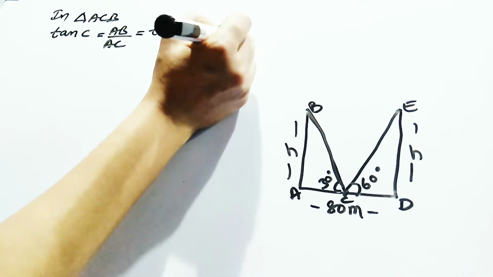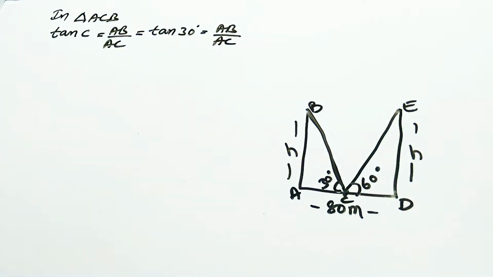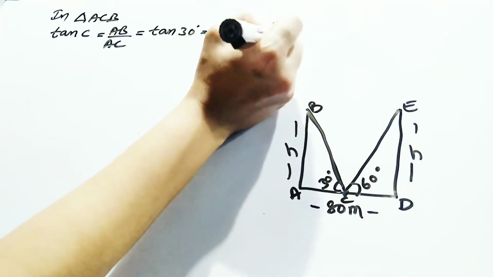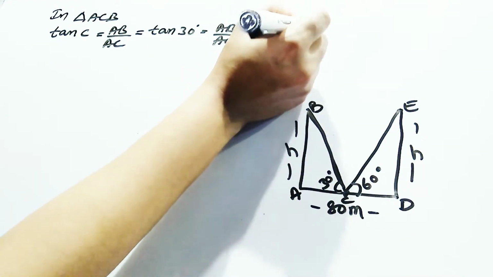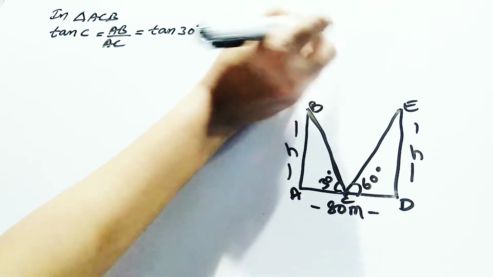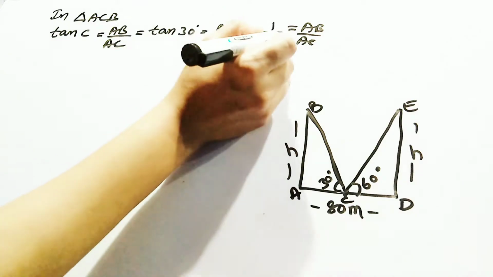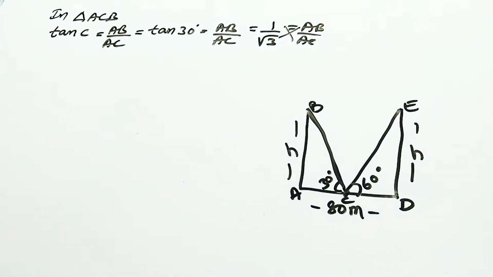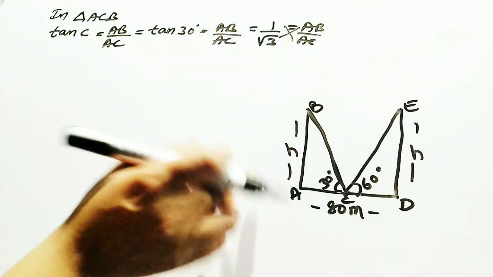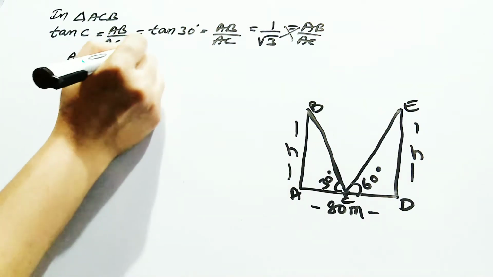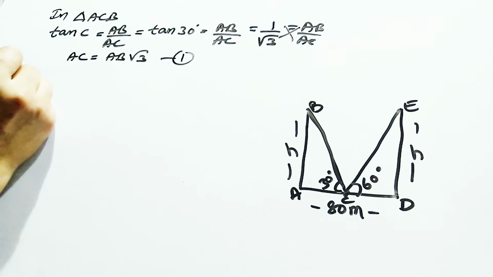We don't know the height, we don't know the distance AC. Tan 30 is 1 by root 3, equal to AB by AC. First we will find out AC, then we will go for the height. Just cross multiply it. What you will get? AC is equal to AB root 3. This is your first equation.